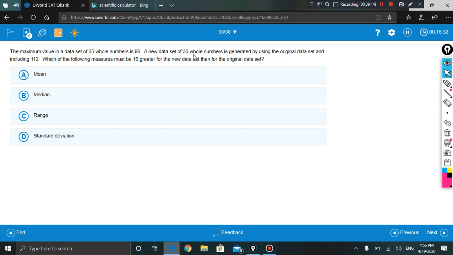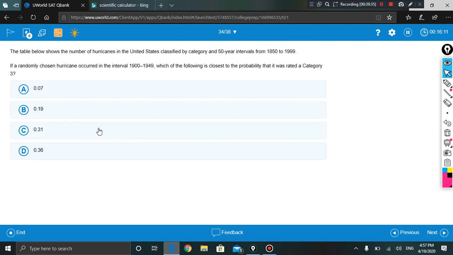I guess it's the range because here. Wait, no. Wait. Yes, it's the range because here the maximum value is 96. If you add 16, well, yeah, that will be 112. So the only one that will increase by 16 exactly is the range. That's pretty straightforward. It's not nasty, as I said.